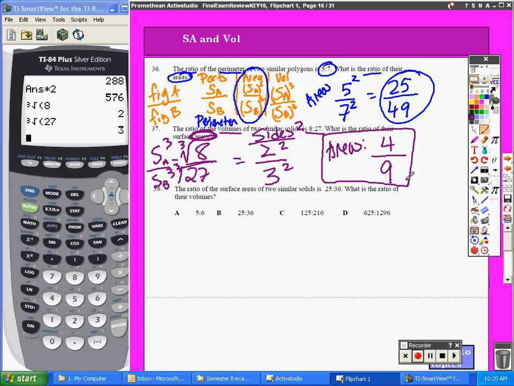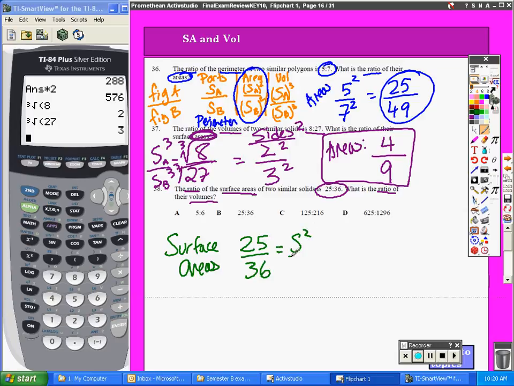For 38, similar idea. We're told the ratio of the surface areas is 25 to 36, and we want the ratio of the volumes. So let's look at that. They gave us the ratio of the surface areas. They are 25 to 36. But that represents a side squared over a side squared.